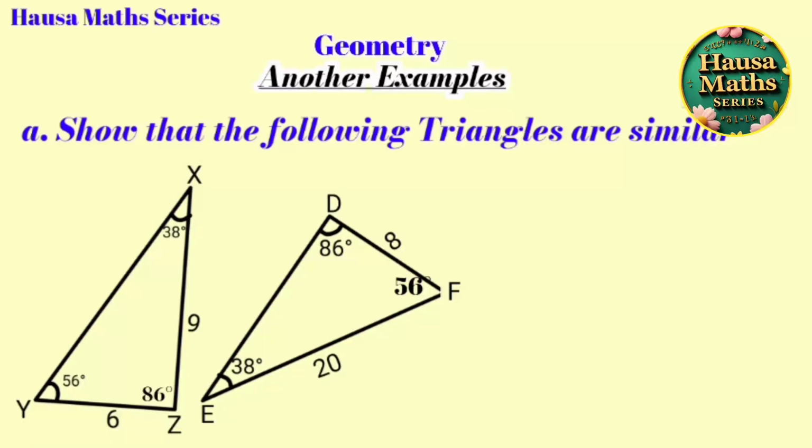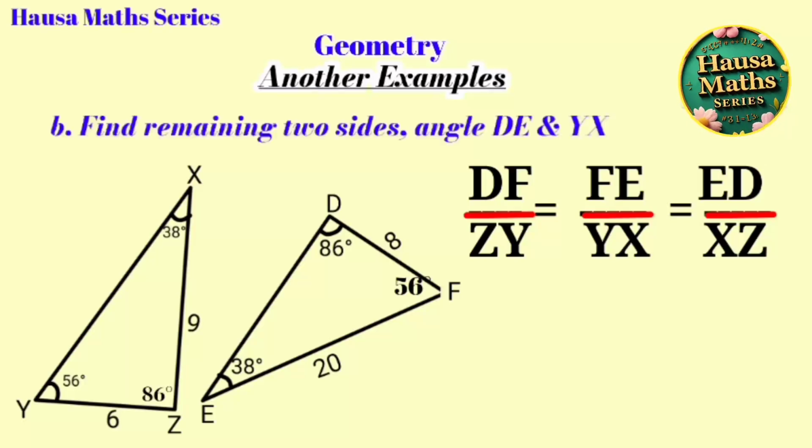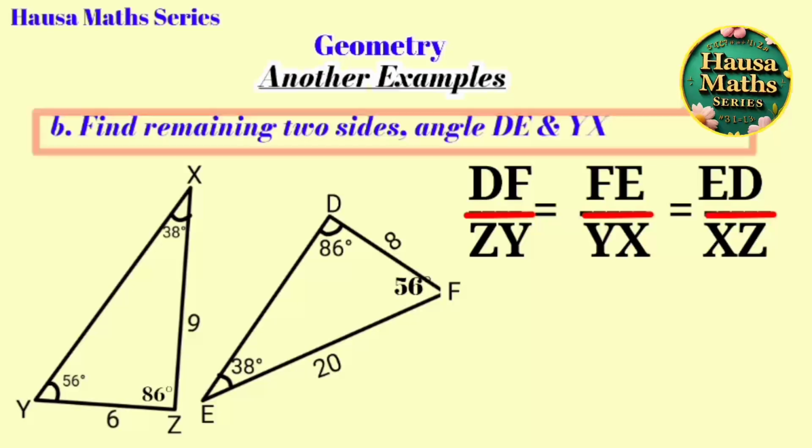So we are going to take the next question, which is B. In B we have to find the remaining two sides, DE and YX.